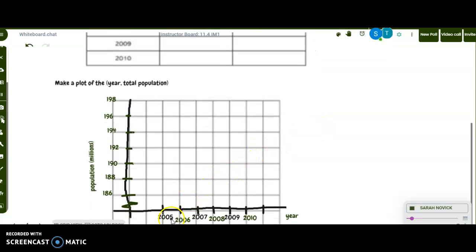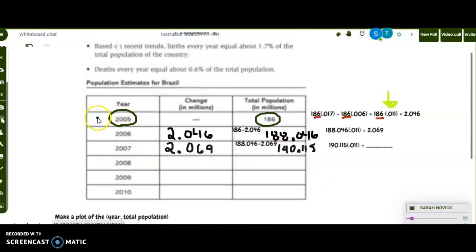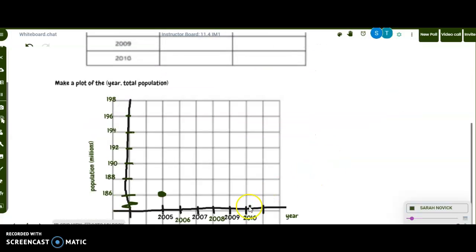So we go to 2005 and put a dot at 186. Notice how I've set up my graph: the years are along this axis, and the population is along the vertical axis. Pause and set your graph up before moving on.